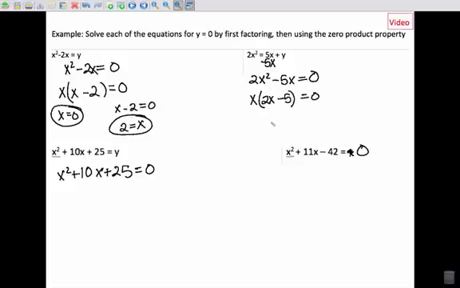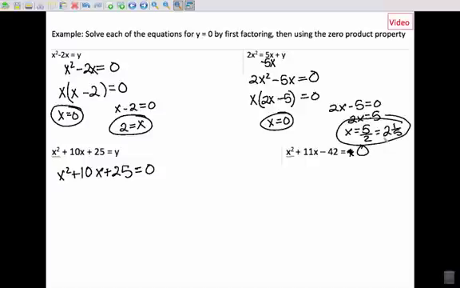And so if that equals 0, then again, x either has to equal 0 or 2x minus 5 will equal 0. So that's going to be 2x equals 5, or x equals 5 halves, or 2 1/2, right? So those are my two answers there. So that's kind of an example of when you're just using the distributive property.